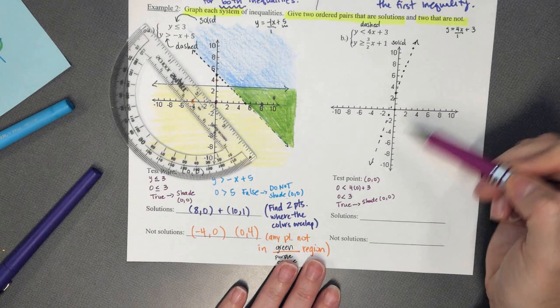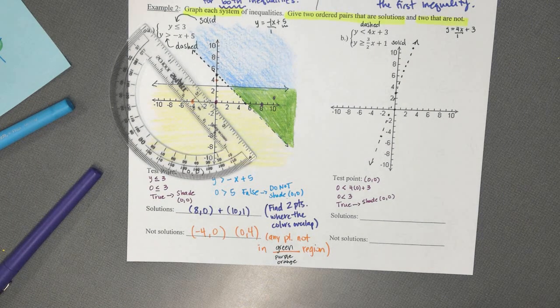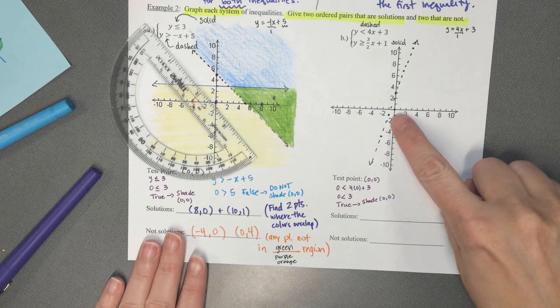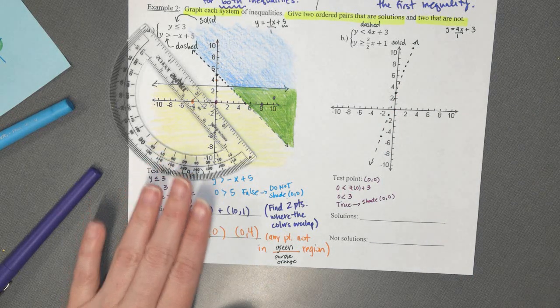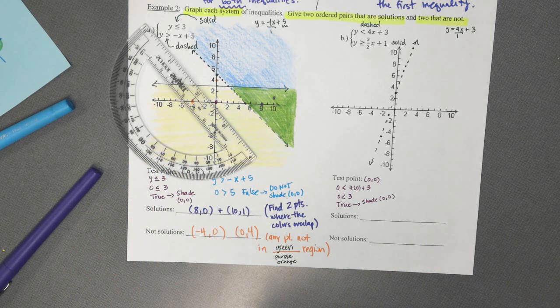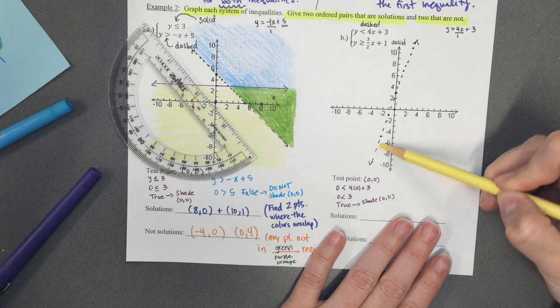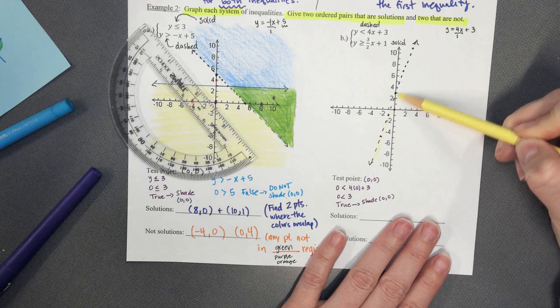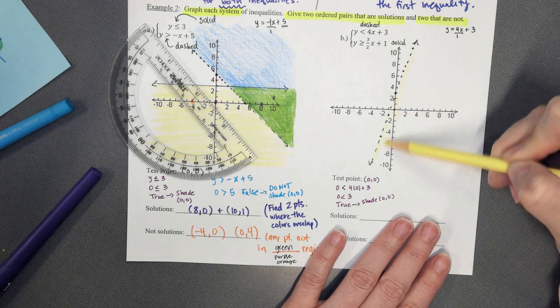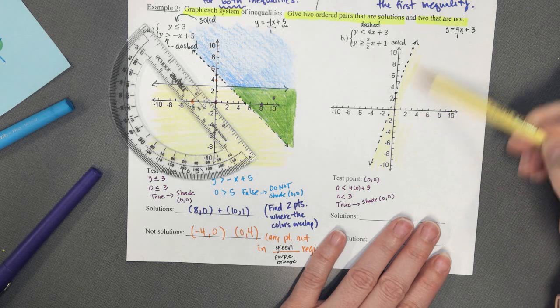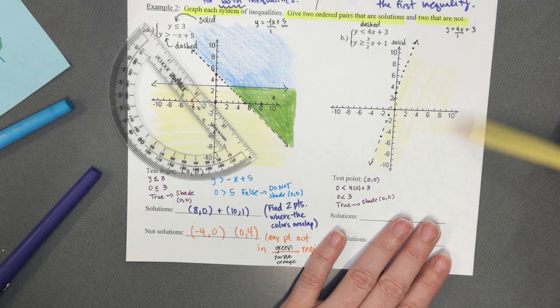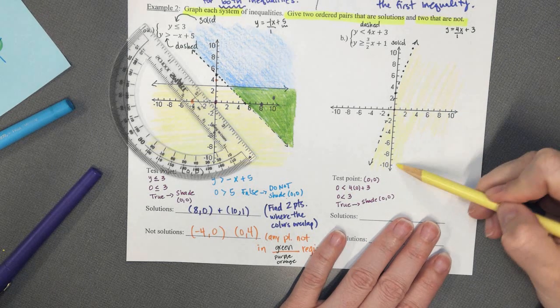Okay, so is that above the line or below the line? It's slightly below it. Okay, so again, take that first color, and we're going to shade under our line. So it is this whole region here.